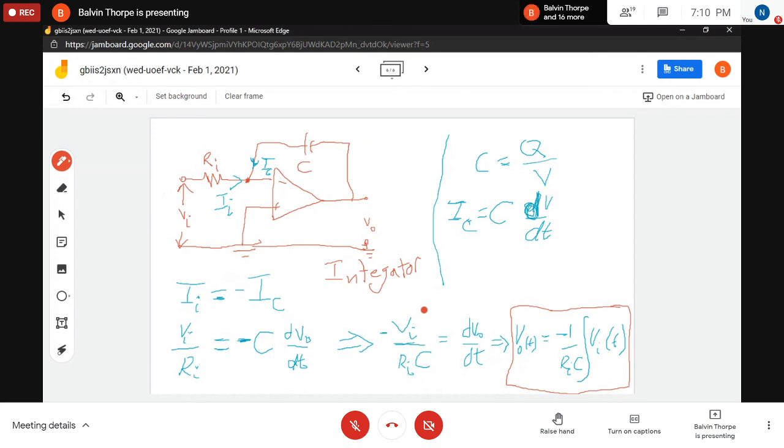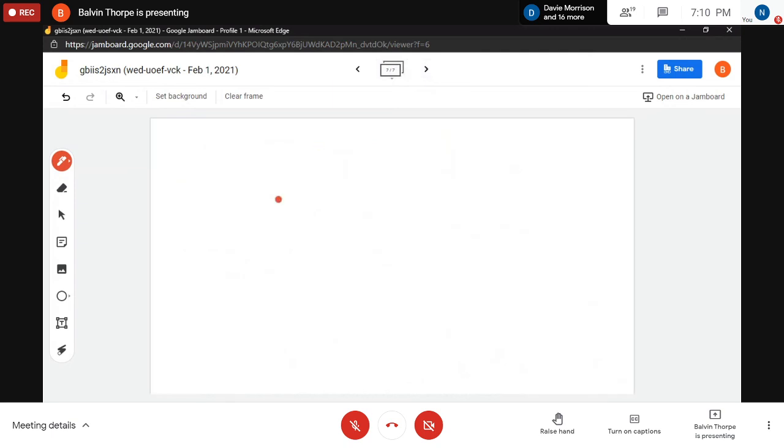Lastly, based on our objective that we had set out for today, and I know that I'm running behind time, but you're going to see this one very clearly now. So next slide. This time we're having the same network really, but now we're changing the positions of the resistor and capacitor. So now, again, we have VI, but this time we're going to have a capacitor on the input.